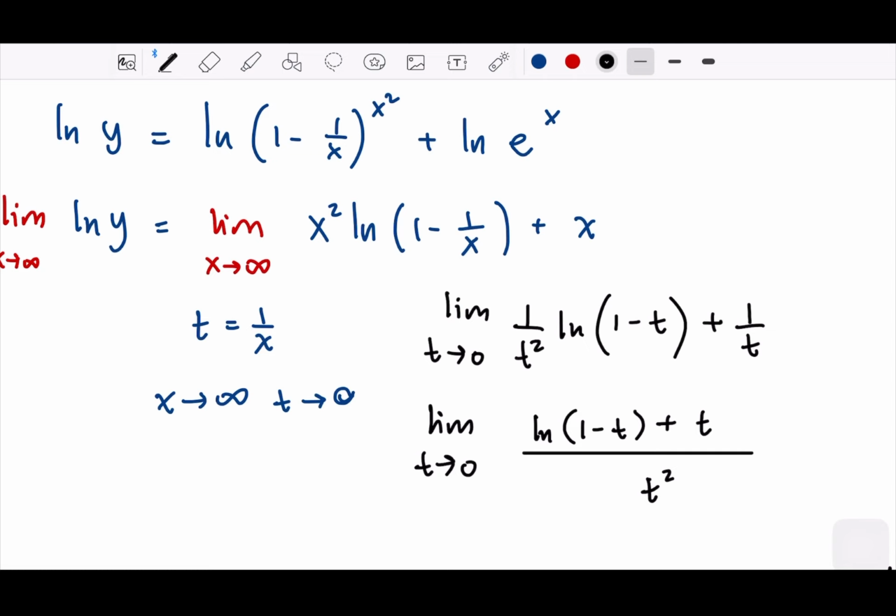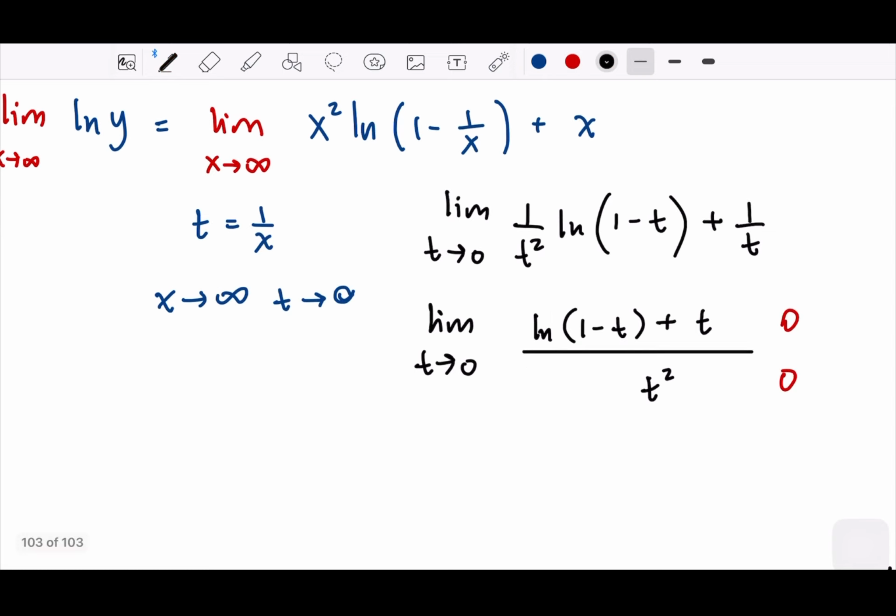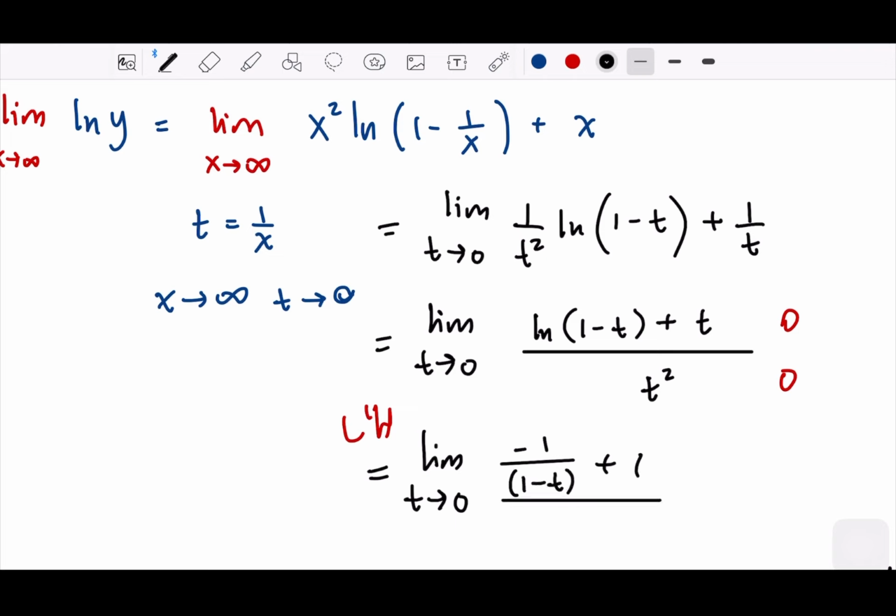Okay, it's 0 over 0. Okay, 0 over 0. And then take L'Hopital. So this will be negative 1 over 1 minus t plus 1 over 2t.